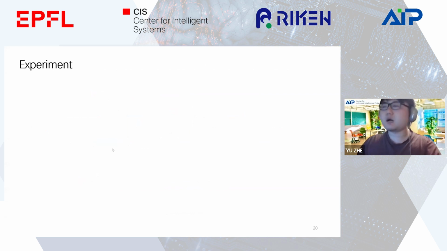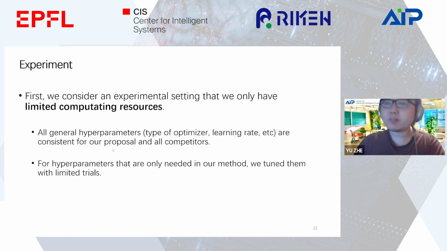Okay, then I will introduce some experimental results. First, we consider experimental settings where we only have limited computing resources. Here, the general hyperparameters mean the type of optimizers, the learning rates, and some other parameters that are used in most machine learning algorithms.